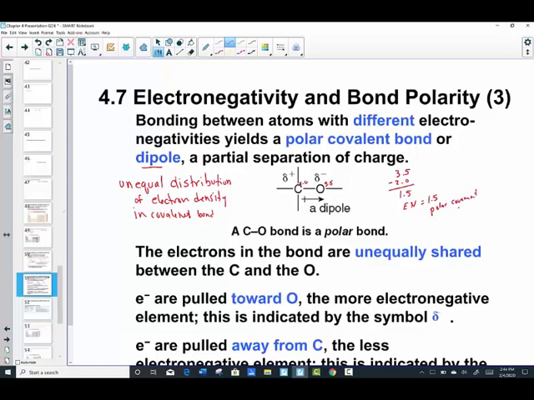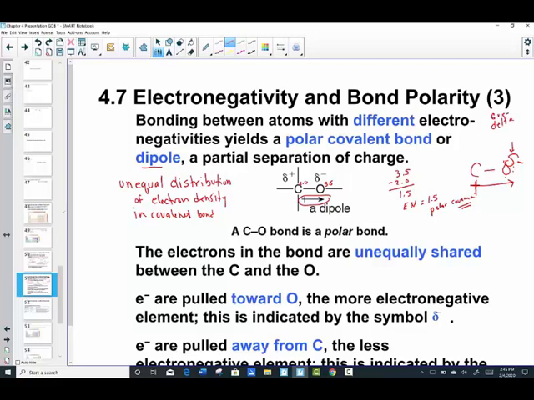Covalent means it's still being shared, but not equally. And we start to see this symbol to denote a polar bond. Between the carbon and the oxygen, notice we have a little tail at the end of the arrow that looks like a positive sign. That tells me that the more electronegative element, oxygen, is very rich in electron density. This is a Greek symbol, a lowercase delta, just in case you wanted to know.